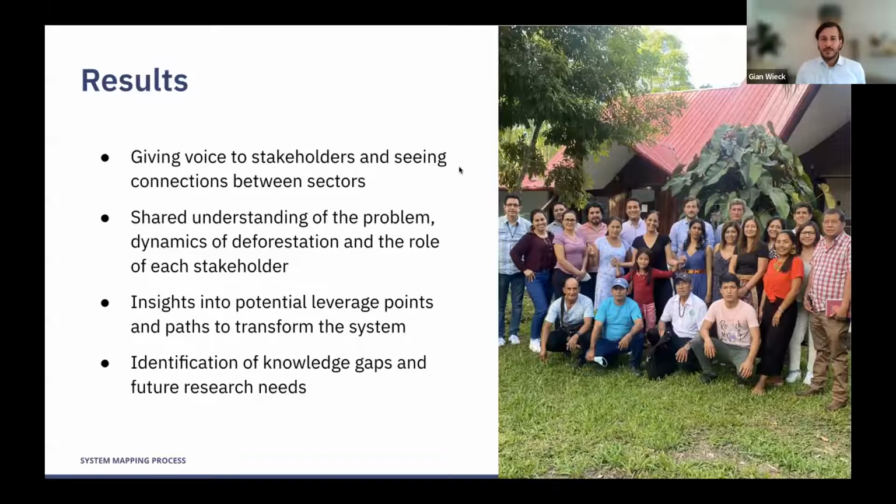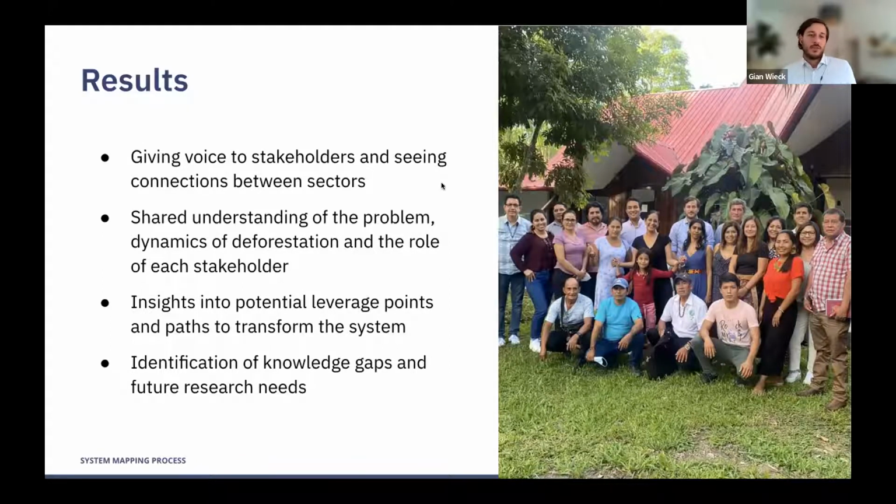In the end, it also helped to develop a shared understanding of the problem, of the dynamics currently at play for deforestation, and for each stakeholder to see their own role within the system. It helped to gain some insights into potential leverage points and potential paths to transform the system.